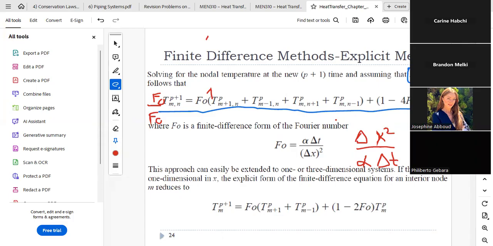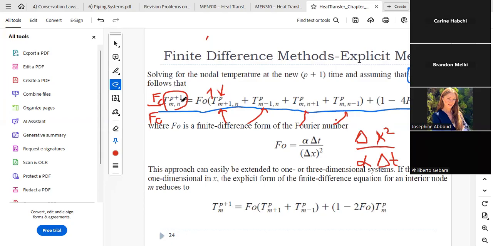Okay, now as you can see from this equation, we can find the temperature at time p plus 1 as a function of all other temperatures at time p. Meaning if I solved for time 0.2 seconds, I can deduce for 0.3 seconds, I just have to replace all temperatures by their values, and I will be able to calculate TP plus 1 MN.